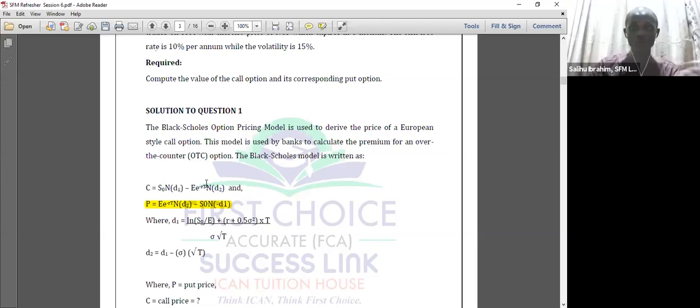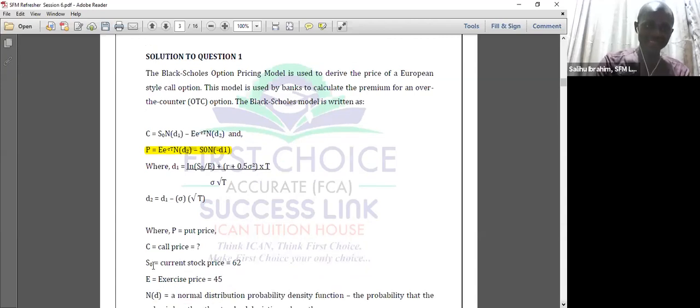It can be crude oil, wheat, rice, beans. So the underlying asset can be anything, whether visible or invisible. The current price of that particular underlying asset is what is represented as S0.